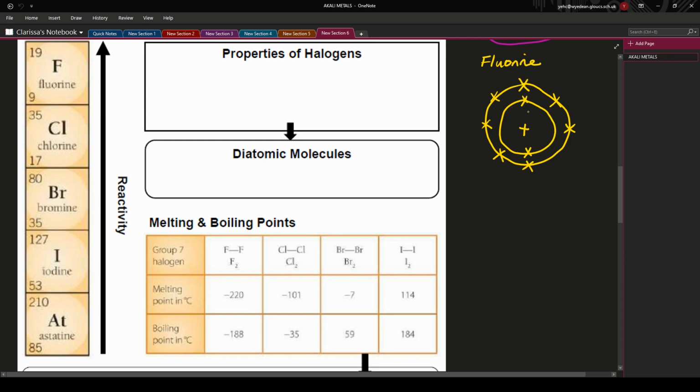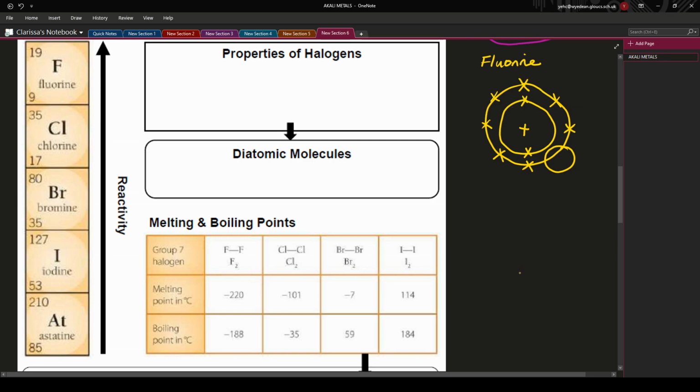Remember 2, 8, 8, so 2 on the first shell, and there are 9 electrons, so there'll be 7 on the outermost shell. Notice that 7 means there's space for 1 electron spare before it can make the full shell of 8. Same thing with chlorine.